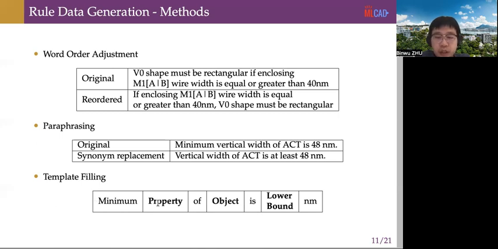With such a template, any suitable words associated with these prescribed roles can be filled in. By filling in the designed templates via different combinations, a large amount of design rules can be collected for training, and we do not need to annotate the data manually.